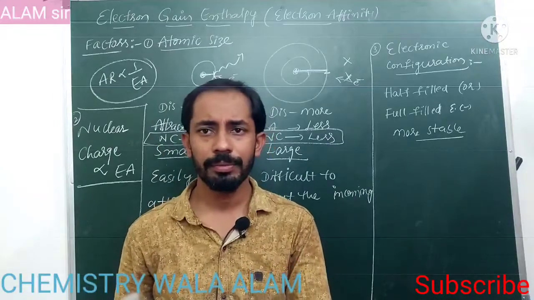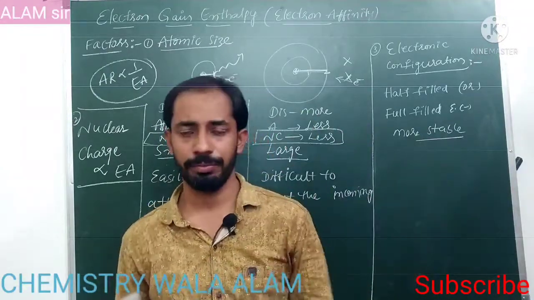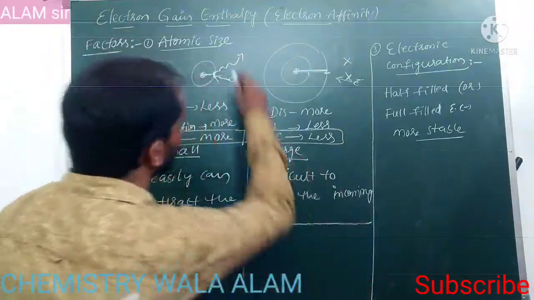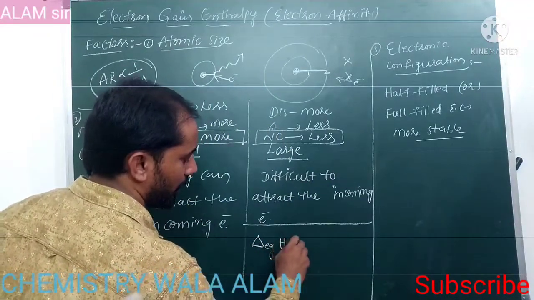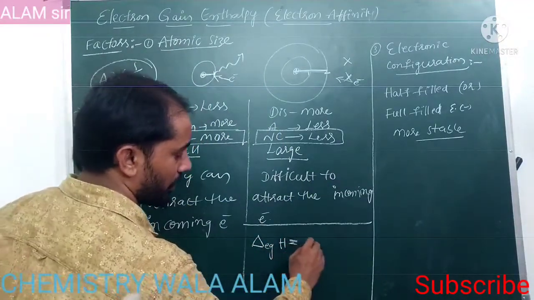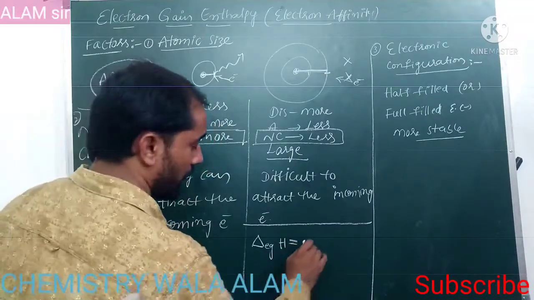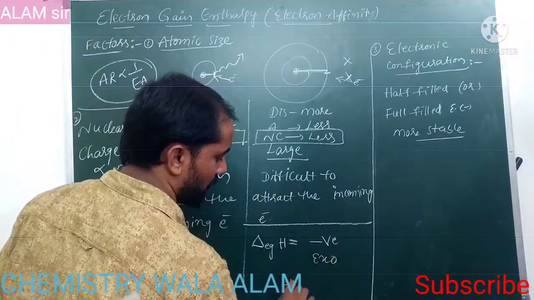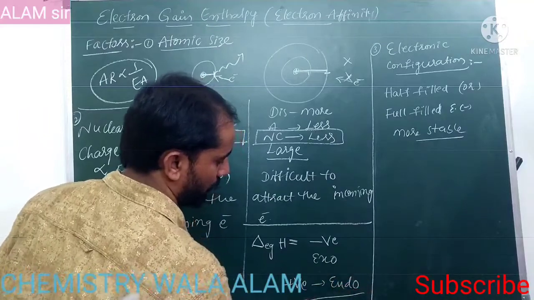Positive here means that electron affinity releases, indicating negative. For the change in electron gain enthalpy, we have the formula: if it is negative, that indicates exothermic; if it is positive, that is endothermic.